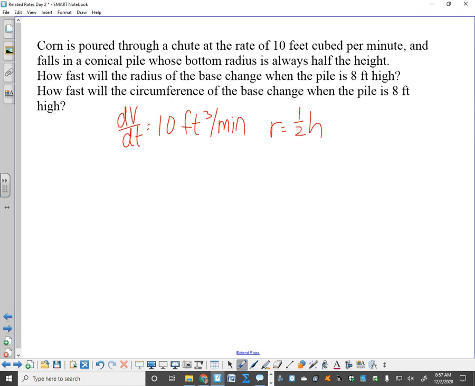Sorry. Whose bottom radius is always half the height. Okay. How fast is the radius of the base changing when the pile is 8 feet high? So when height is 8 feet, I want how fast will the radius change? dr dt.